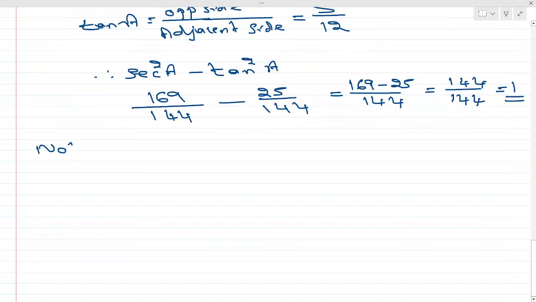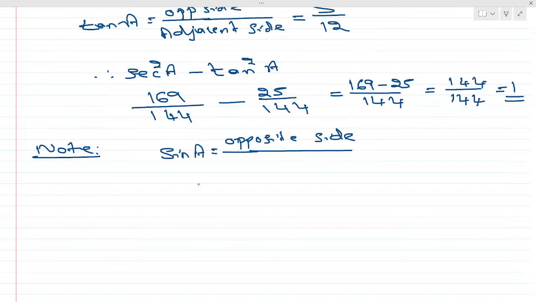A note here, the trigonometric ratios are, for example, sine A is the ratio of the opposite side divided by the hypotenuse.